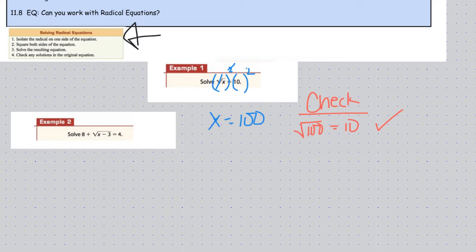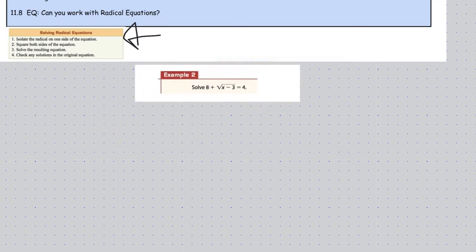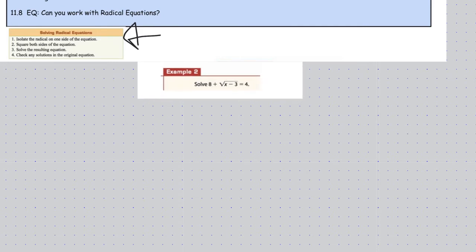Okay, we've got a little bit of work to do. I'm going to get rid of this stuff because I want to leave myself a nice little blank slate for y'all. The first thing we need to do in this problem is get the square root by itself.